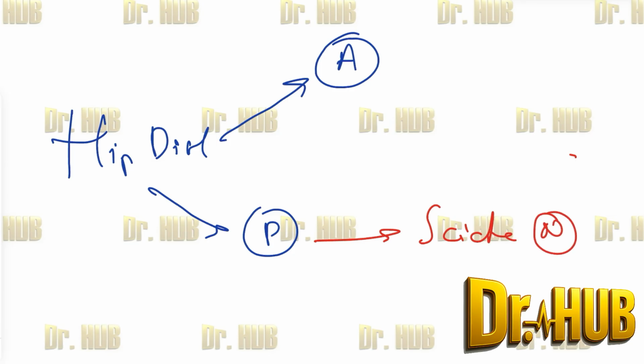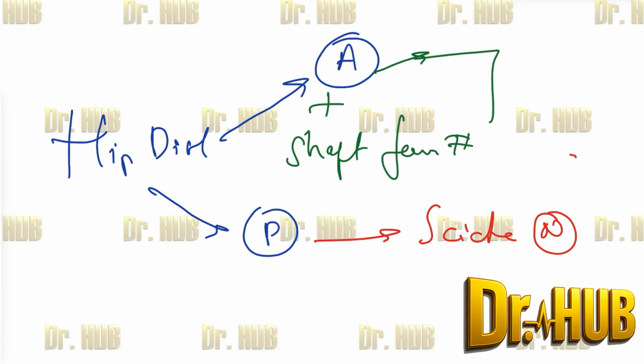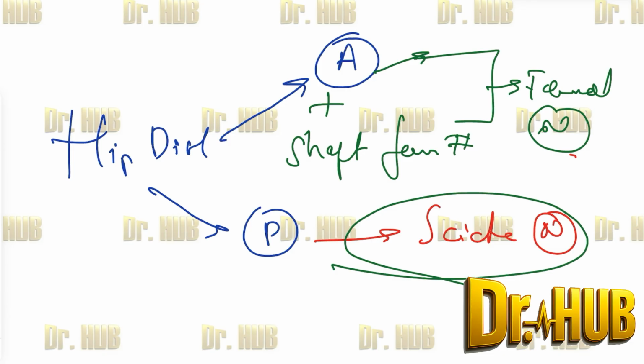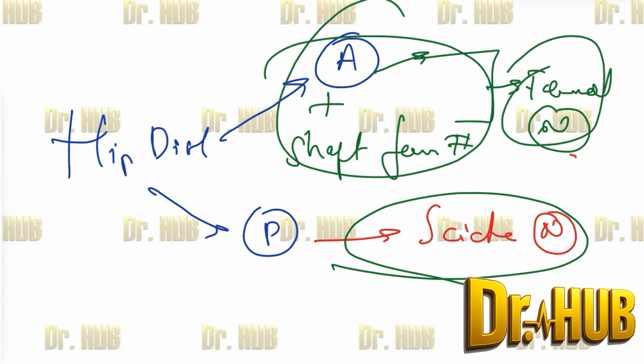When you look at the anterior, this involves the anterior dislocation and also the shaft of the femur fracture. Both share a similarity: the involvement is the femoral nerve. So in case of posterior, it was the sciatic nerve. In case of anterior and the shaft of femur, it is the femoral nerve.